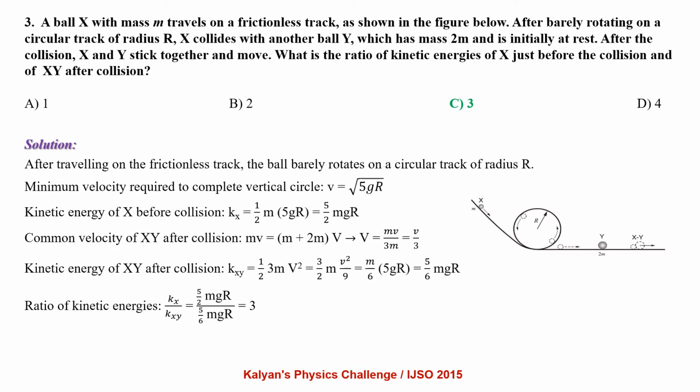Common velocity of xy after collision applying conservation of momentum: mv equal to (m plus 2m) into capital V, which gives capital V equal to v by 3. Kinetic energy of xy after collision kxy equal to half into 3m into capital V square, which is 5 by 6 mgr. So the ratio of kinetic energy is (5 by 2 mgr) by (5 by 6 mgr), which is 3.